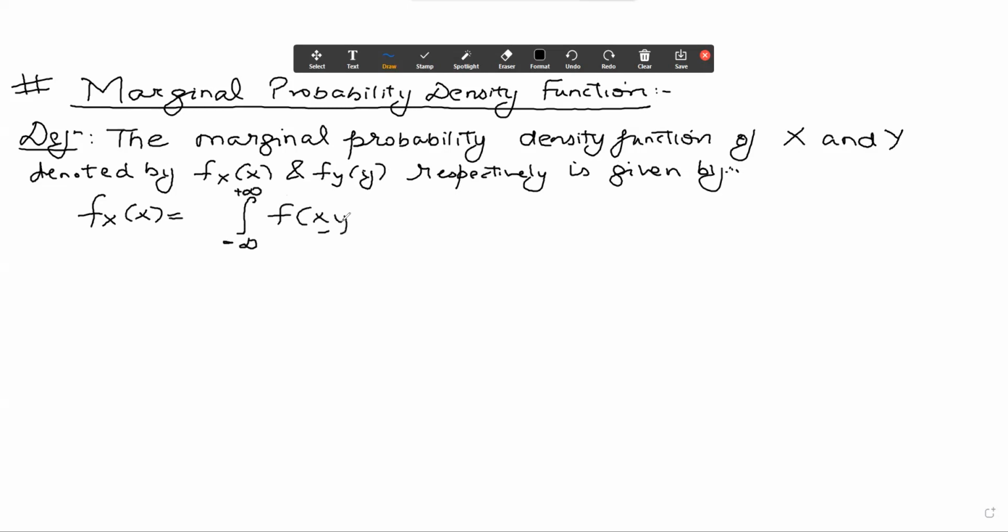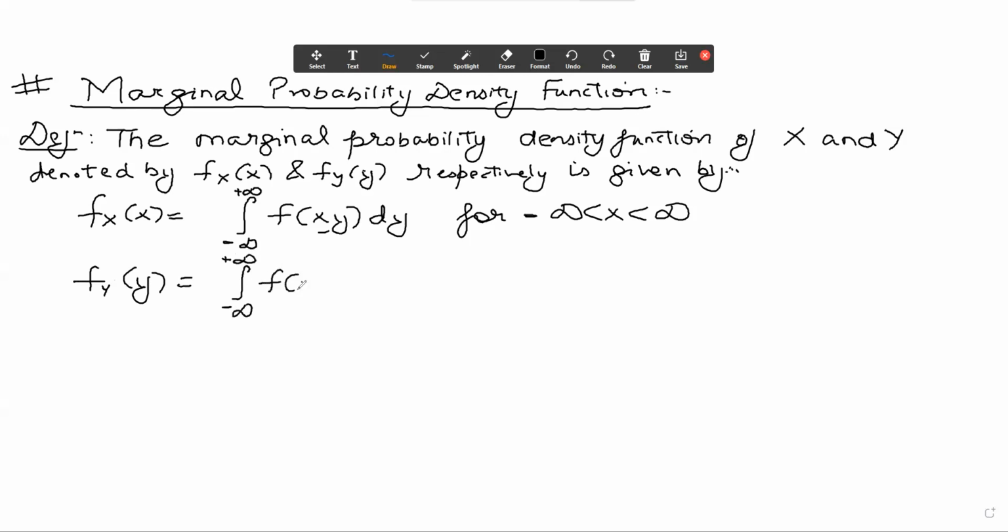You integrate the joint PDF with respect to y for x lying between minus infinity and plus infinity. And the marginal probability density function of y is you integrate the joint PDF with respect to x for y lying between minus infinity and plus infinity.